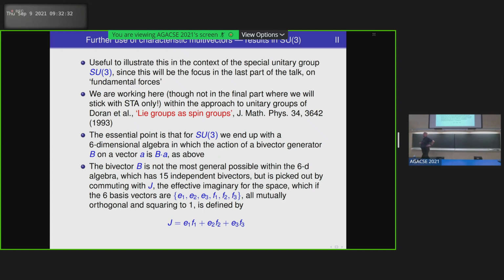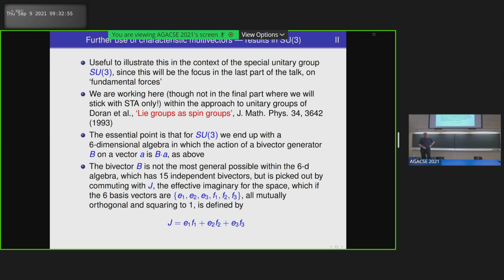Now, for the special unitary group, the way this works is that the bivector B is not the most general possible within the 6D algebra. If you think about how many bivectors you've got in a 6-dimensional algebra, you've got 15. But there are, in fact, only 8 generators of the group. So what's going on there?